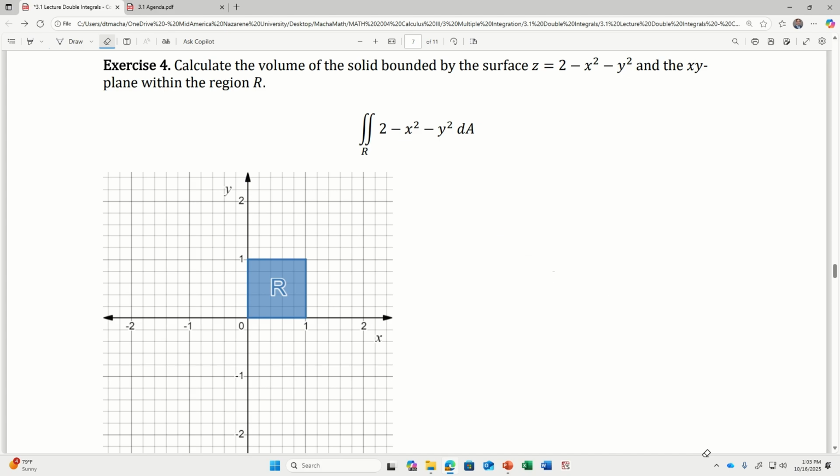And to find this volume, we are going to set up a double integral over this region. By the way, dA means a small amount of area. And that could mean dx dy or dy dx.